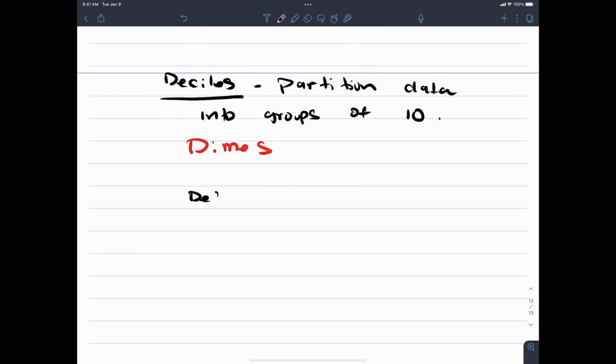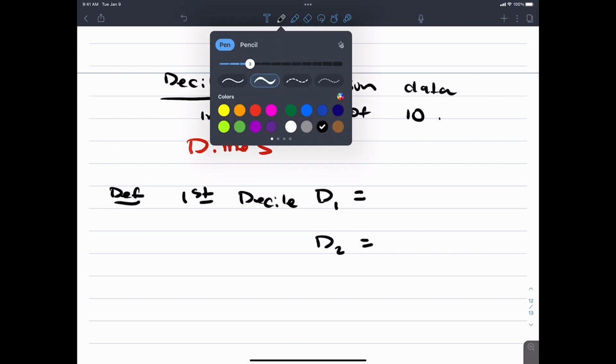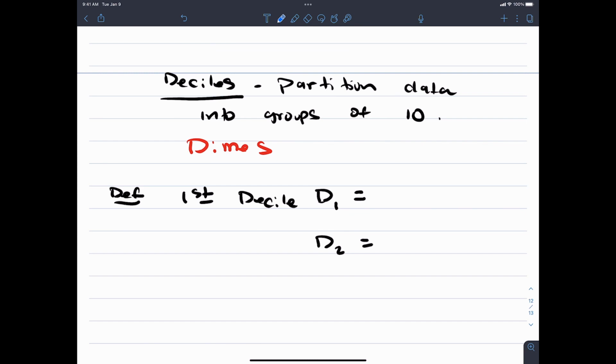So, by definition, you have something called D1. You guys know what that's really known as? That's the first decile. So, maybe you want the words as well. They say the first what? Decile. How many pennies are in one dime?